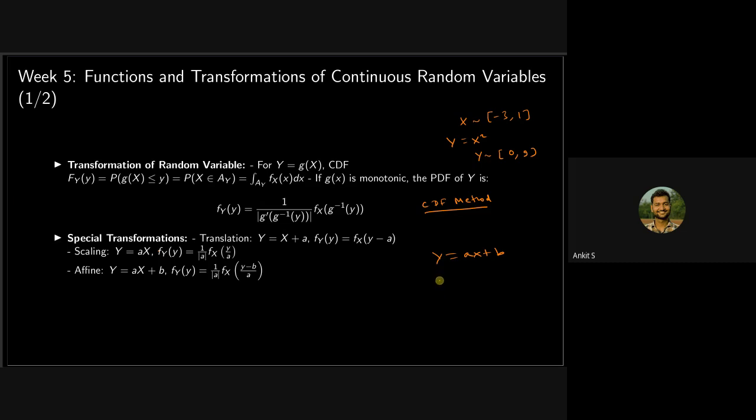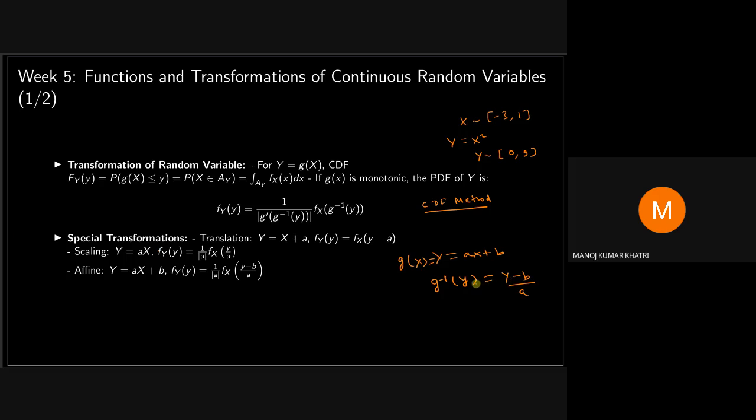What is g inverse of y here? It is simply y minus b by a. You just invert the function g. So g of x is equal to ax plus b. This is the function that you're trying to find the PDF of. You invert the function.